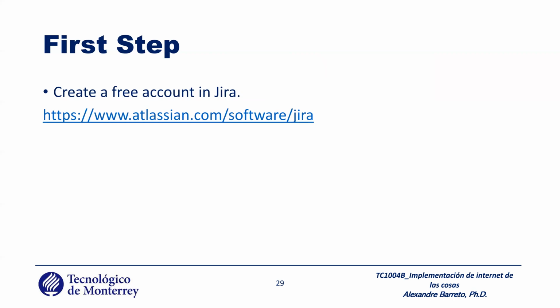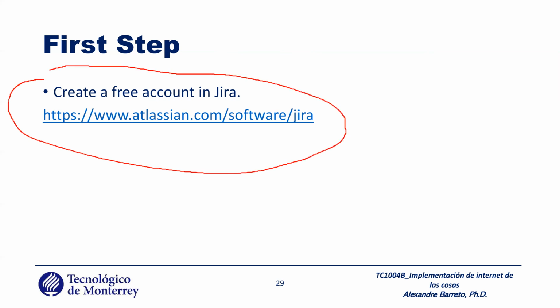This guy will share his screen and create the account in Jira, and send an invitation to the others. You show how to the other guys, and the other guys accept the invitation and enter Jira.